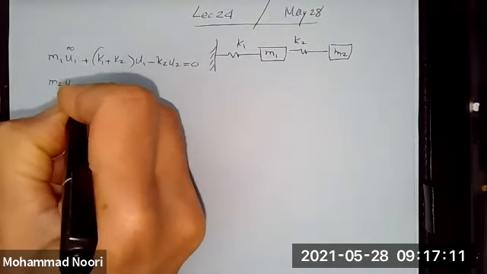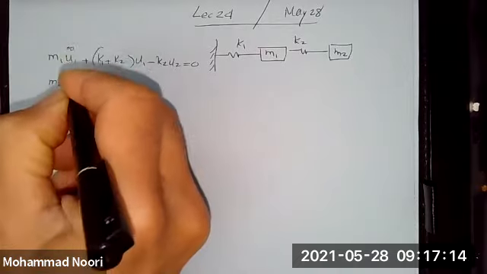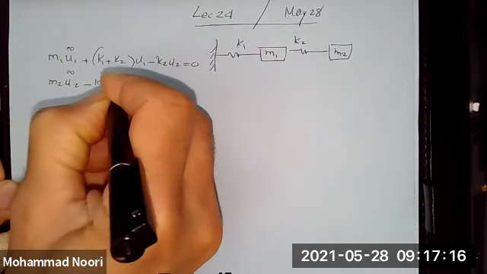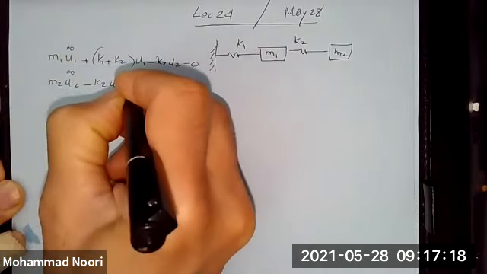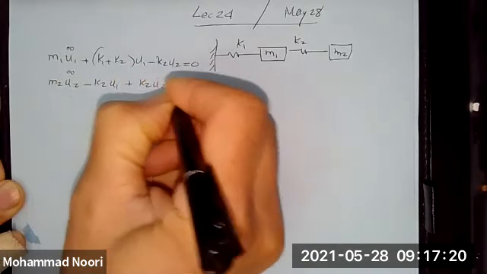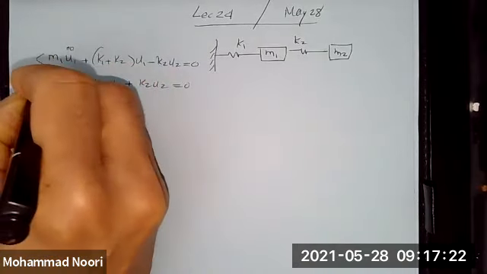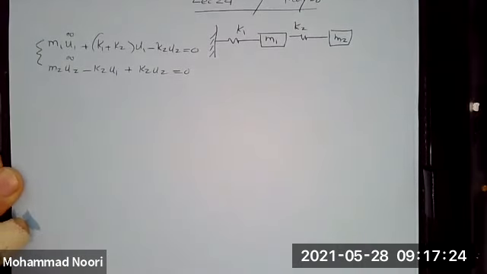M2 U2 double dot minus K2 U1 plus K2 U2 is equal to 0. So these were the equations of motion.